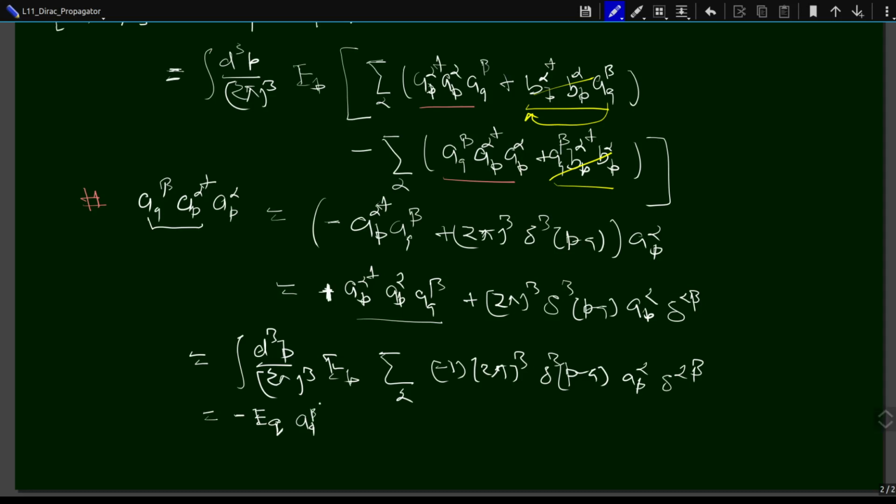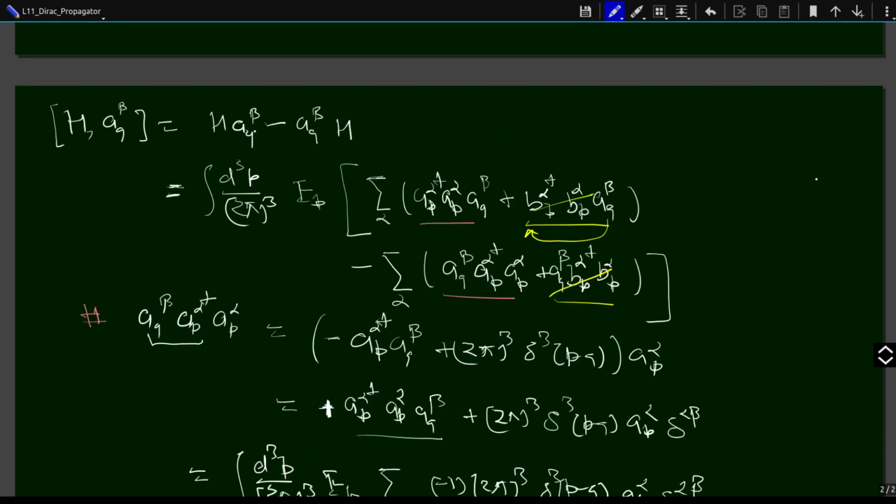This is what I get. So let me just write the answer here: this particular commutator will be minus E_q, the energy corresponding to the qth guy, a_q beta.